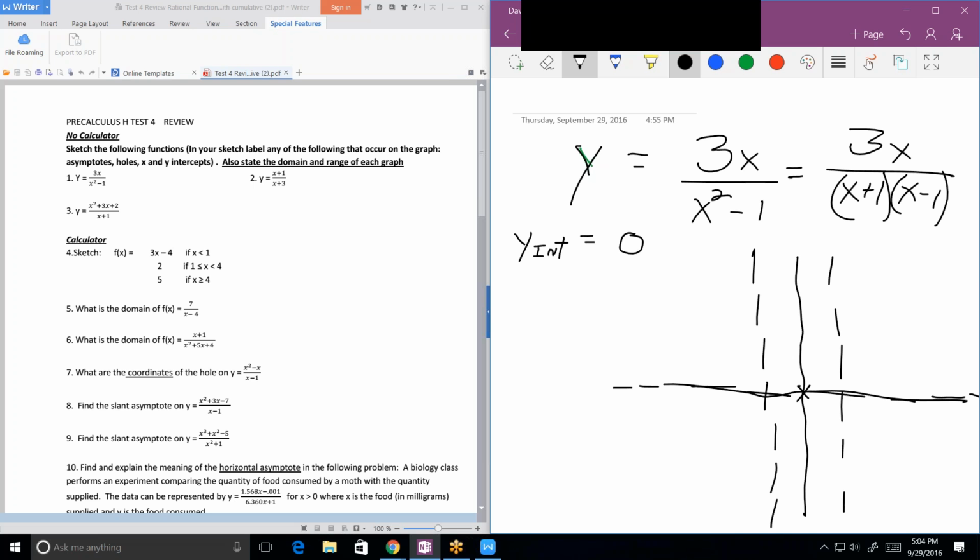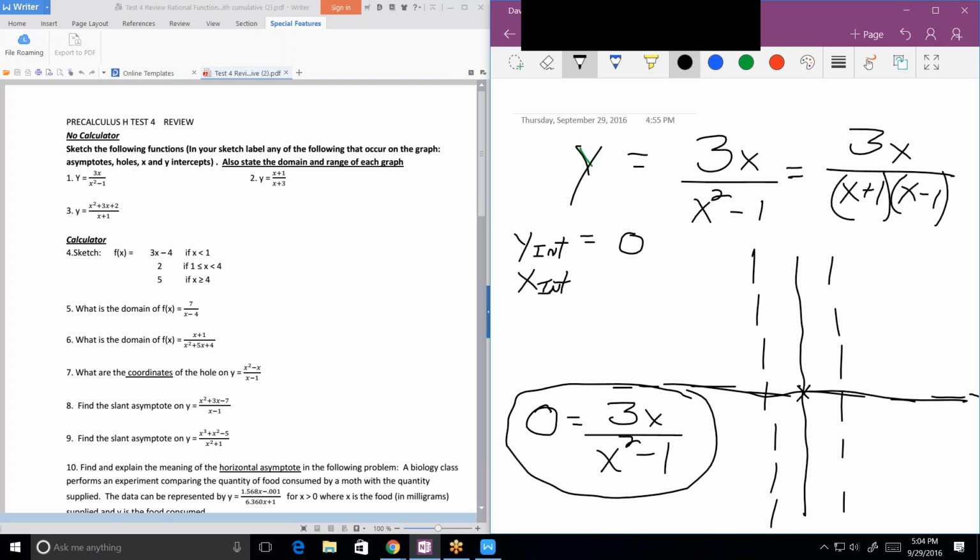Now how do we get the x-intercept? Set y equal to 0. Correct. So now we have to solve the equation 0 equals 3x over x squared minus 1. What causes that to be 0? x equals 0 is the answer, but one of the key things that's not immediately obvious when you have a rational quotient is that if the rational quotient is equal to 0, then the numerator has to be 0.